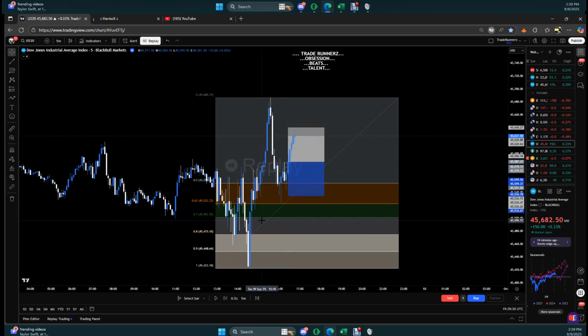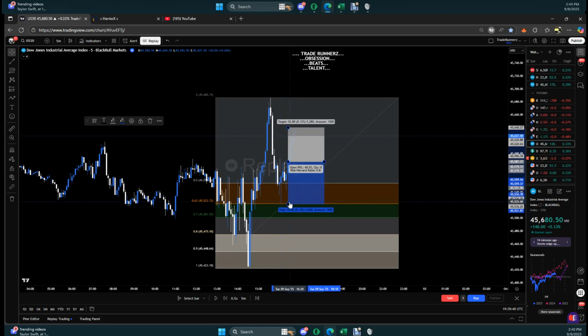Now, what you can do is put your stop loss here under this candle, or you can go for a conservative stop loss, which would be here. A more aggressive one would be under the candle previous to your entry candle, right?